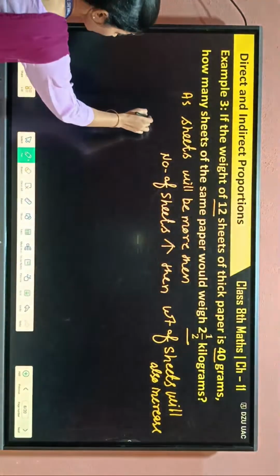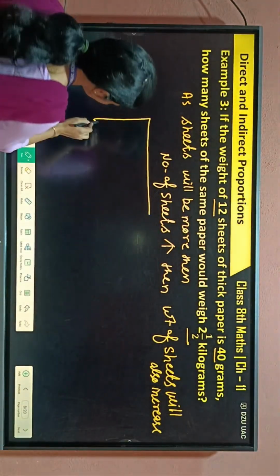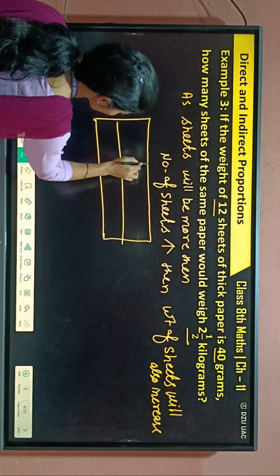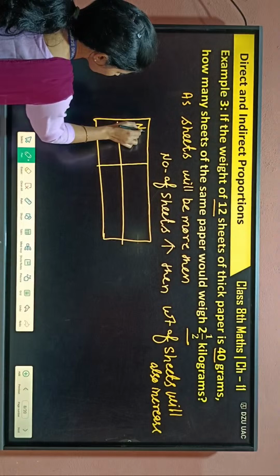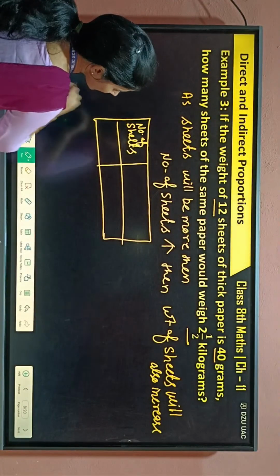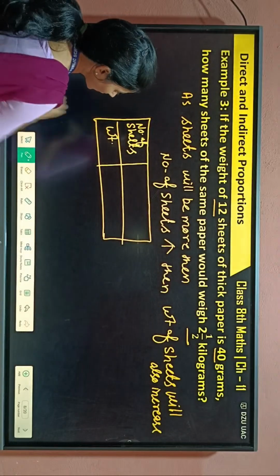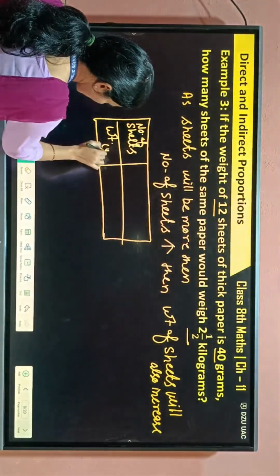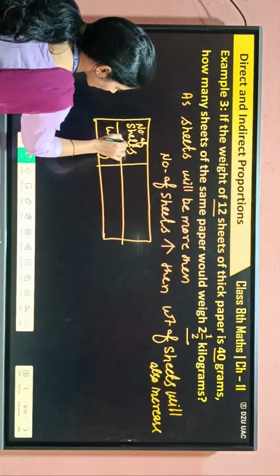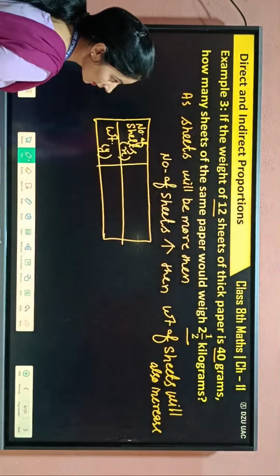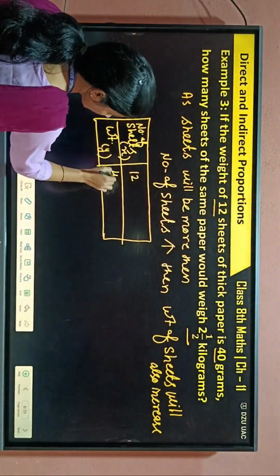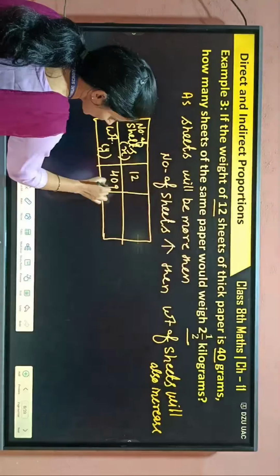You will draw one table. In this table you will write the number of sheets and then their weight. Let the weight be denoted by y and the number of sheets by x. The number of sheets is 12, then the corresponding weight of these 12 sheets is 40 gram.